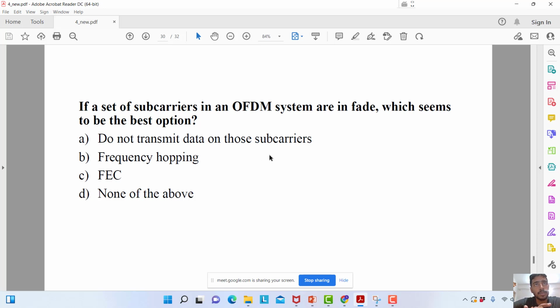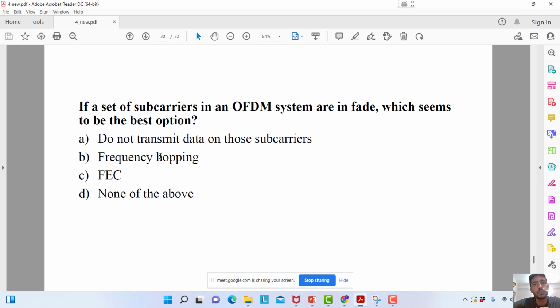Option A is do not transmit data on those sub-carriers. B part is frequency hopping. C is FEC. D is none of the above. So in OFDM, we do not transmit data on those sub-carriers, because we have lots of narrowband sub-carriers, so we just avoid those sub-carriers. So option A is the right option.